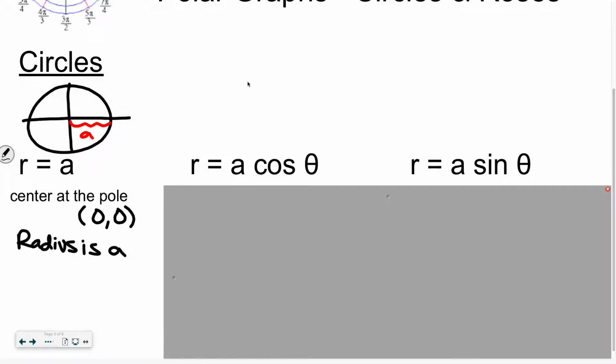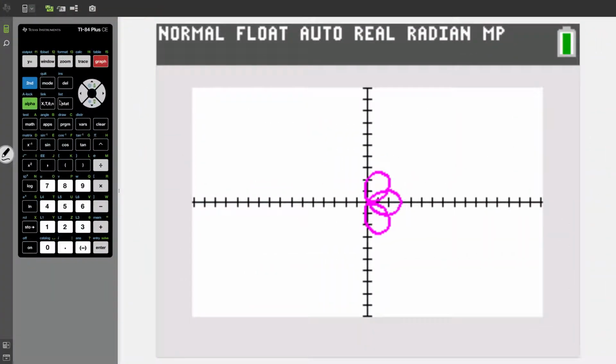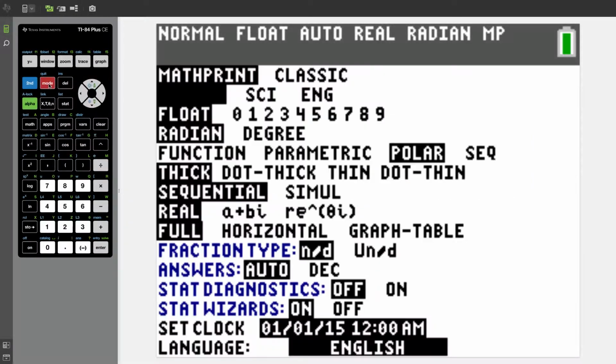So I actually have my graphing calculator loaded, so I'm going to pull up my graphing calculator. First thing, if you haven't done your graphing discovery activity yet, you'd have to go into your mode and change a few things. It's at the top of the yellow sheet, so you need to follow these directions first.